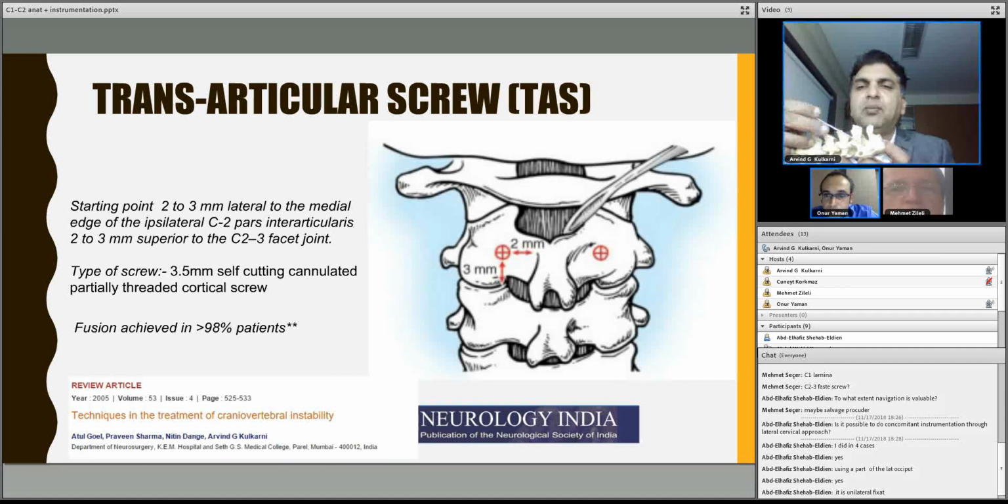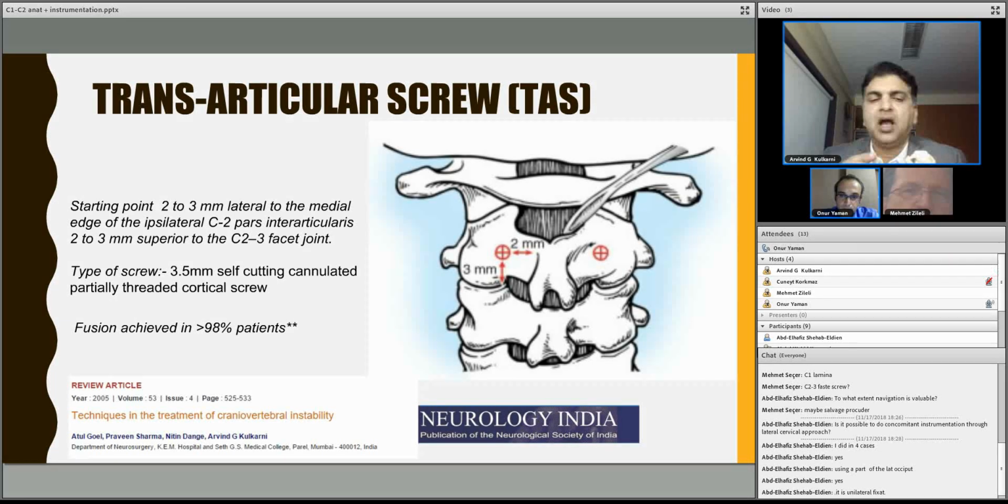This is called lateral mass fusion. The advantage of this technique is that it is very stable in rotation, but it is not very stable in flexion extension. That's why surgeons advise a midline fixation along with the transarticular screw fixation. However, it is much stronger than the cable techniques, with a fusion rate of close to 100%.